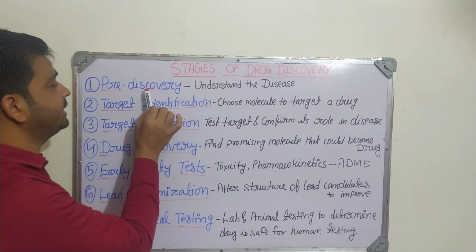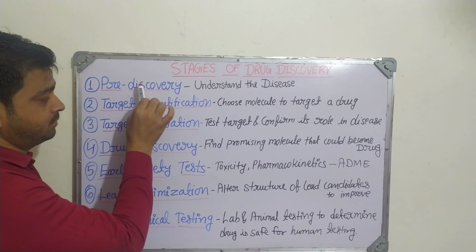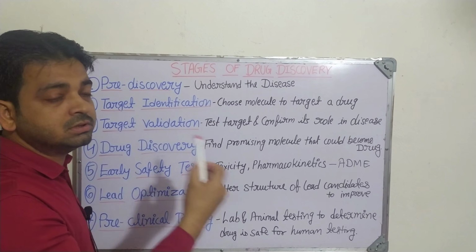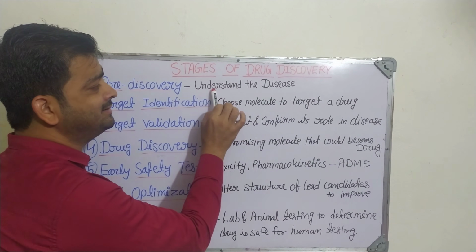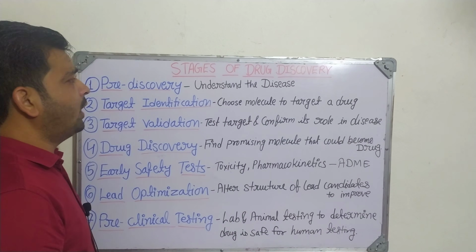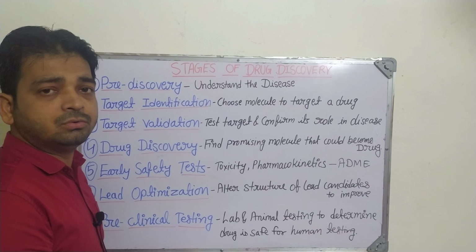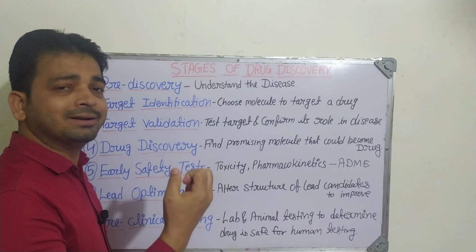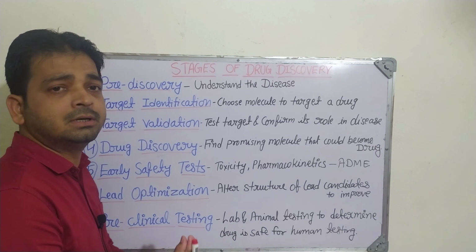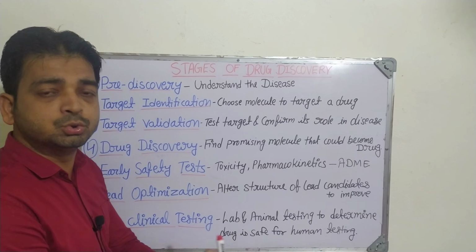As the name indicates, it is the work that has to be done before initiating the discovery process. First of all, understand the disease. Ultimately the drug which we want to discover is for a particular intention. So what is the drug going to be useful for?